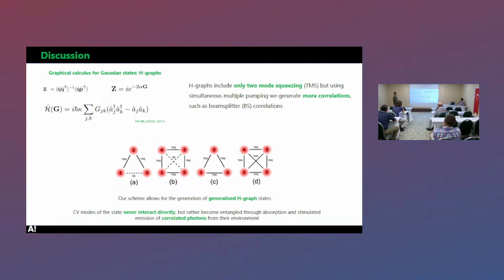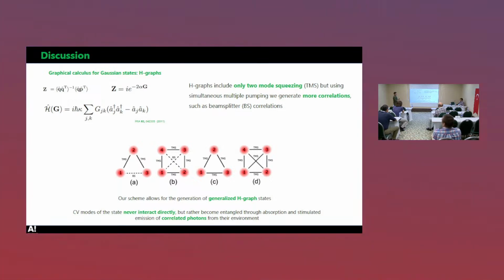So A and B is basically what we generated in this work. So since we have a pump between 1 and 2 and between 2 and 3, we generated 2-mode squeezing between these corresponding modes. But we have also another type of correlation, the beam splitter, that is generated effectively because of this simultaneous application of pumps between 1 and 3. So we kind of conclude the graph.